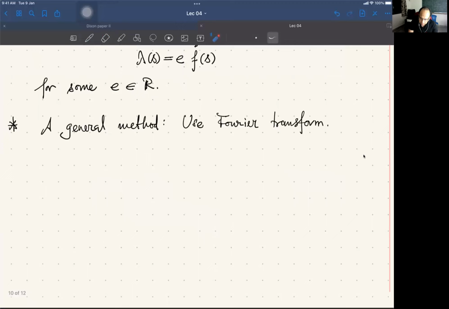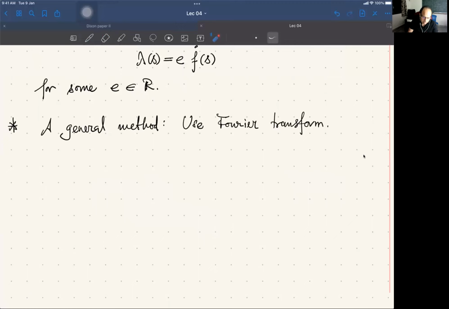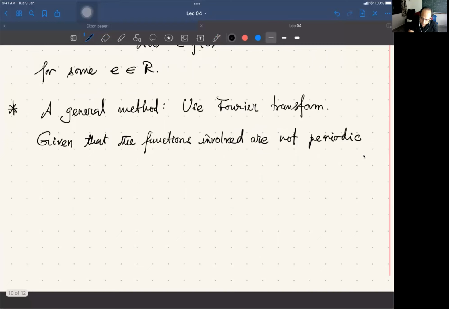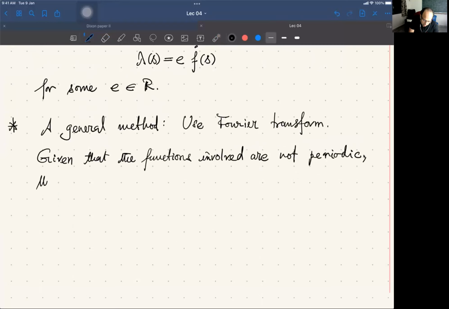Let me write down what I just said. Given that the functions involved are not periodic, their Fourier transforms involve certain subtleties.